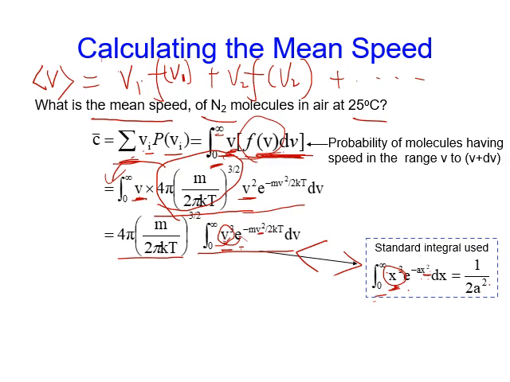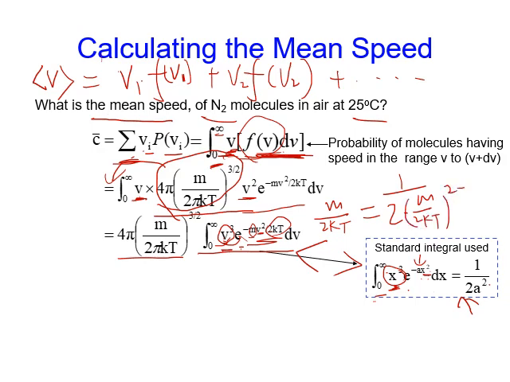But what is a here? In this equation, a is the one in front of v squared, so that is m divided by 2kT. That's a. According to the standard integral, the result should be 1 over 2a squared, which is 1 over 2 times (m divided by 2kT) squared.